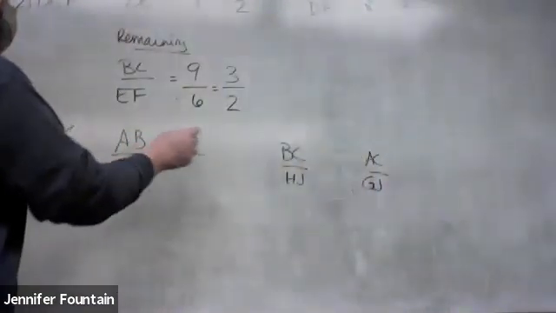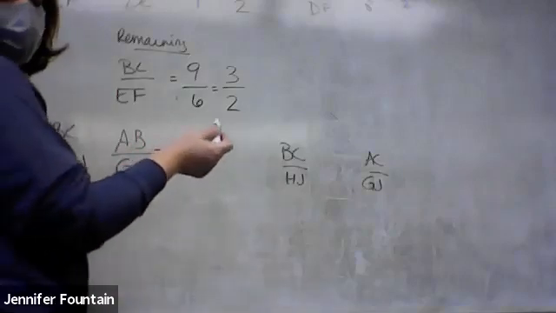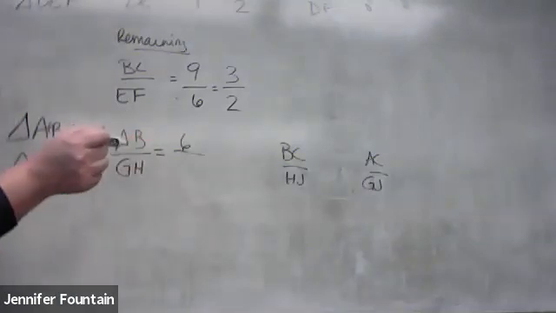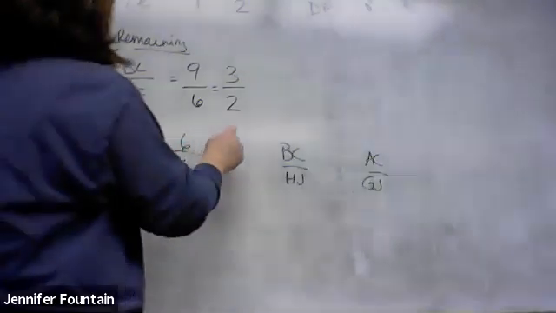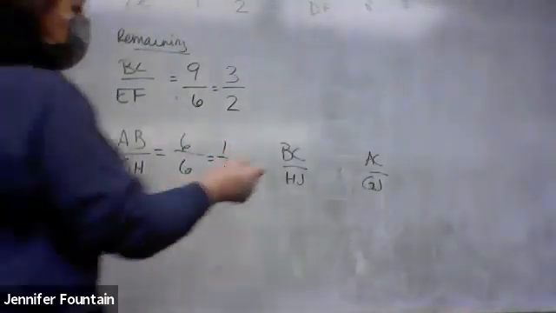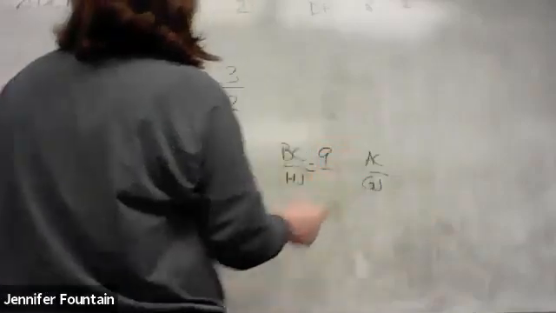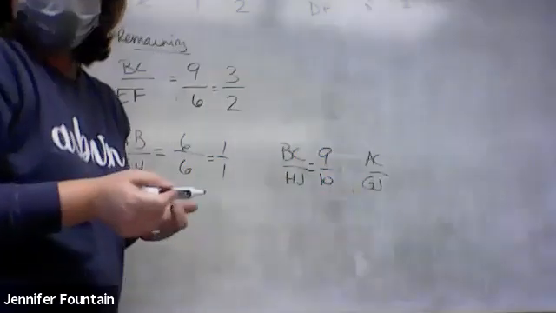What is the measure of AB? 12? Oh, no, 6. What is GH? What is 6 over 6 reduced to? 1 over 1 or just 1? What is the measure of BC? 9. What is HJ? 9 over 10 doesn't reduce, does it?